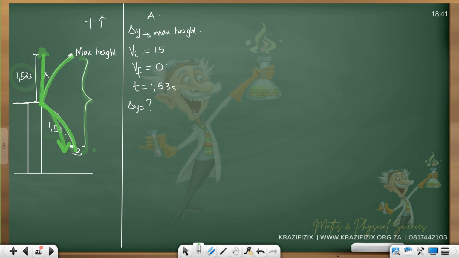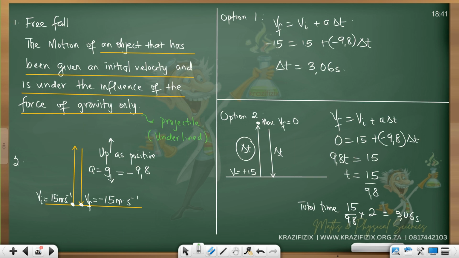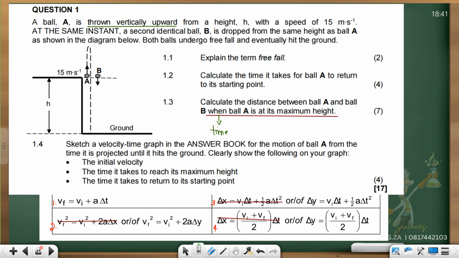That when object A is at the maximum height. Give me a thumbs up or a thumbs down if you're still lost. Formula page. Okay. You've written everything down. Quickly pick a formula. Pluto, please talk to me.